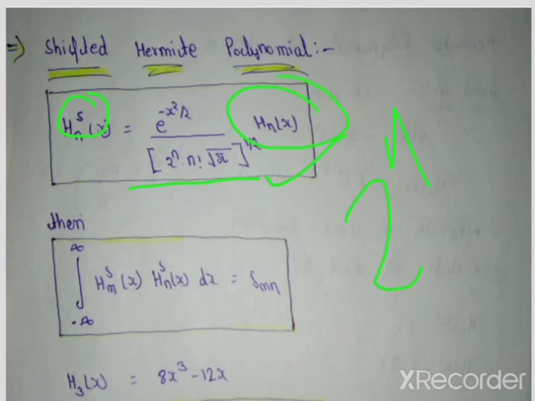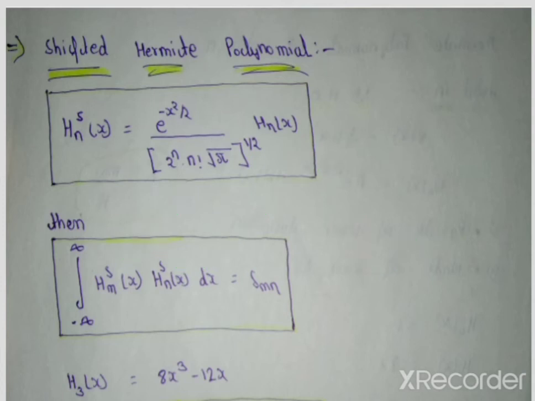Now we show a numerical on how to use this formula. Firstly, for orthonormality with shifting, the integral from minus infinity to plus infinity of the shifted H_m(x) and H_n(x) dx is equal to δ_mn.